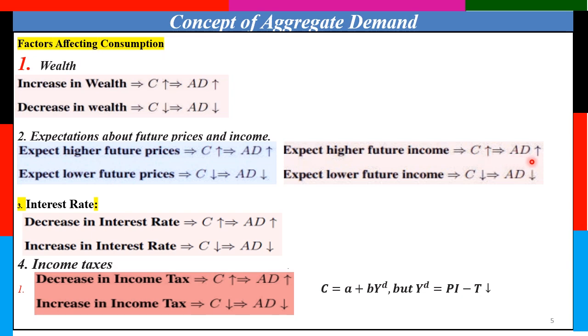Another factor which affects consumption is interest rates. If interest rates decrease, then consumption is increasing, and aggregate demand is also increasing.